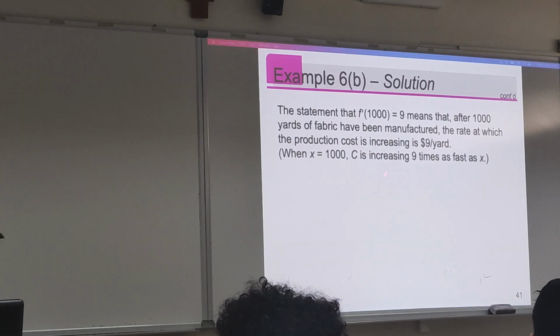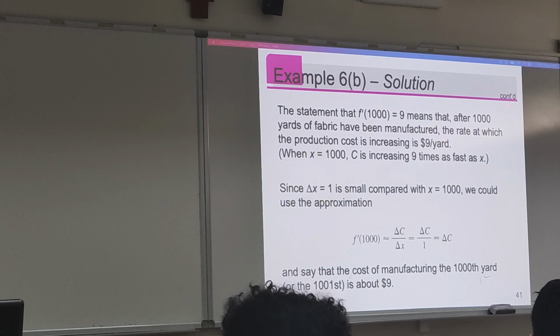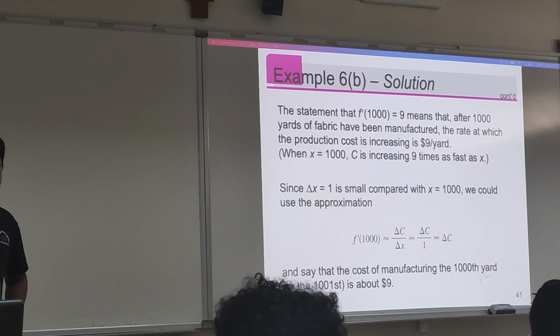So when x is equal to 1000, C is increasing 9 times as fast as x. Since delta x equal to 1 is small compared to x equal to 1000, you could use the approximation that this is just delta C, and say that the cost of manufacturing the 1000th yard is about 9 dollars.